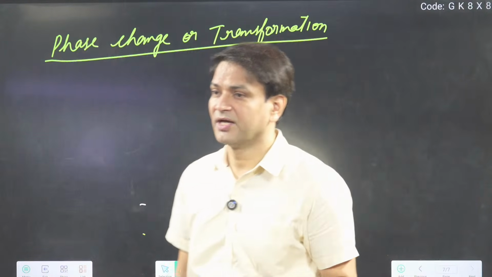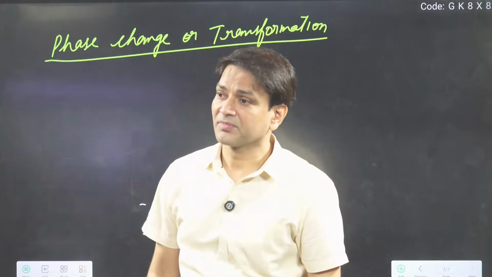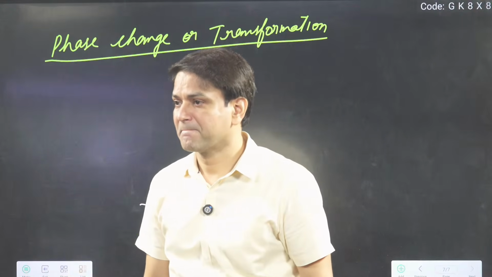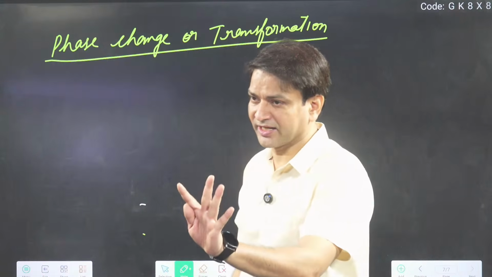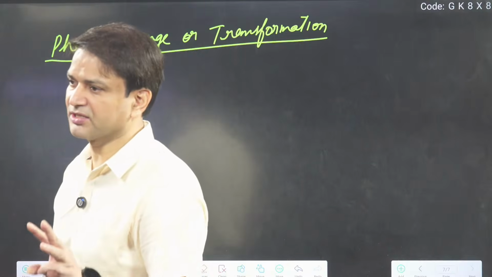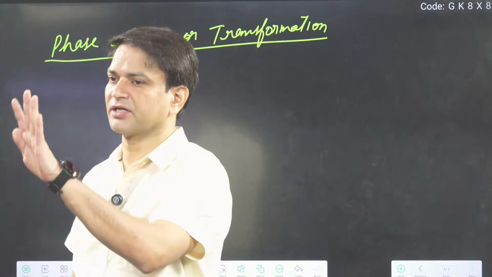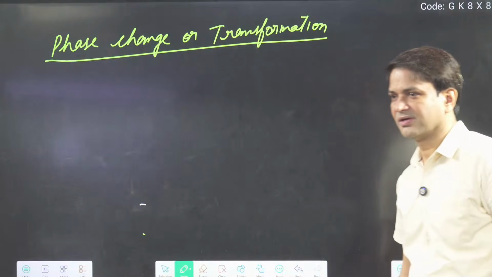Tell fast. Anybody who wants it, they can say and I will write on the board. So I said: melting solid to liquid, vaporization liquid to gas, sublimation solid to gas, and condensation vapor to liquid. Everybody knows?